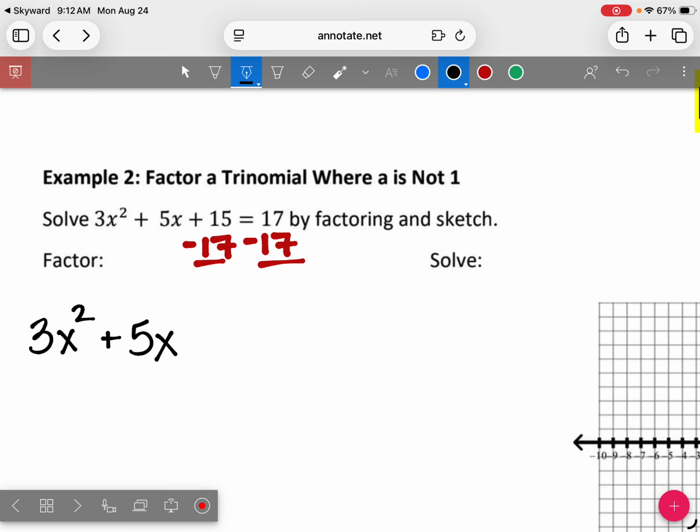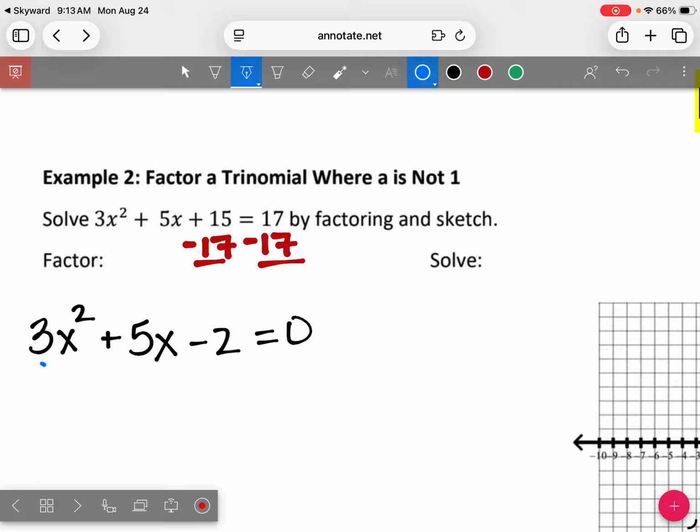Now figure out what 15 minus 17 is. That's your C value. So 15 minus 17 is -2.